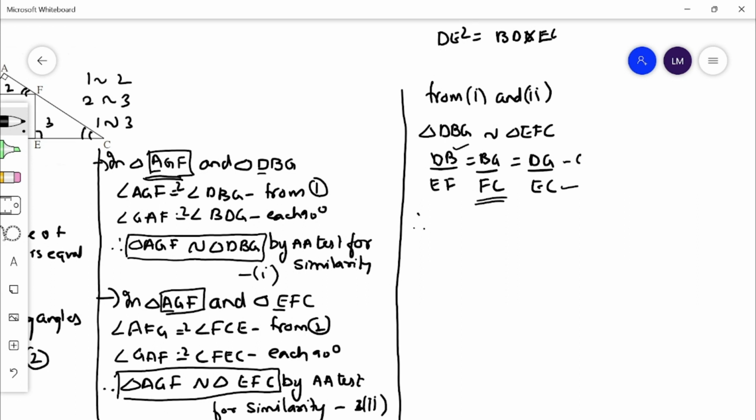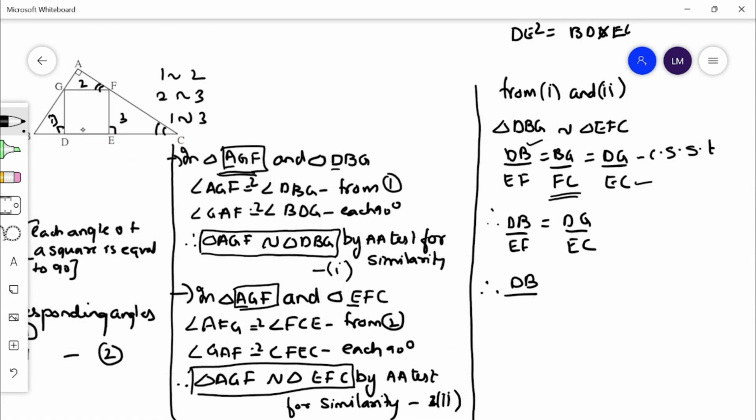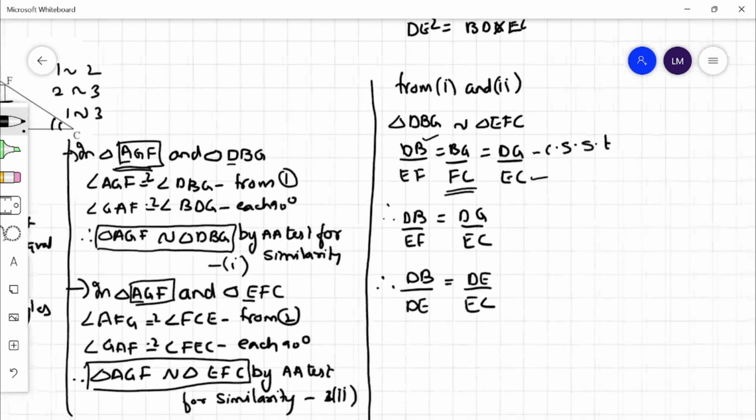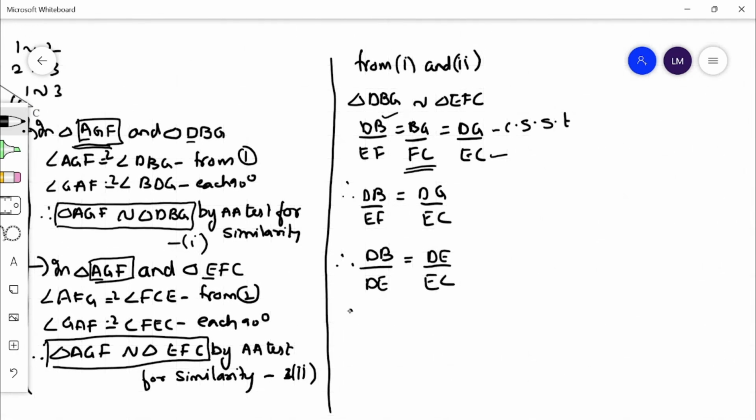Therefore, and here the reason we can write as corresponding sides of similar triangles. Therefore, DB upon EF is equal to DG upon EC. In the next step, DB will be as it is. Instead of EF, since this is a square, we can write DE, and instead of DG also we can write DE upon EC, right? So what we can do is cross multiply.